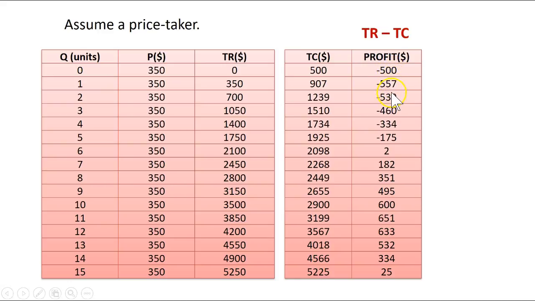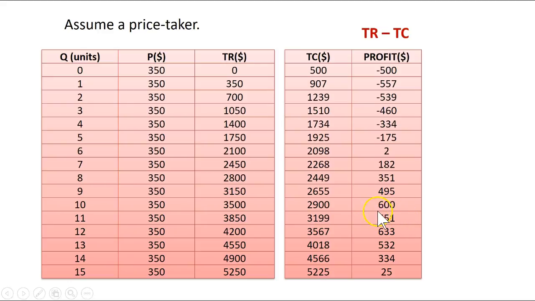As it produces more, however, we can see that that loss gets smaller as total revenue rises and total costs rise, but total revenue rises faster. So we can see that the firm eventually starts to make profit. At 6 units of output, they'll just make a tiny, tiny bit of profit. And thereafter, profits will increase until we get to 11 units of output.